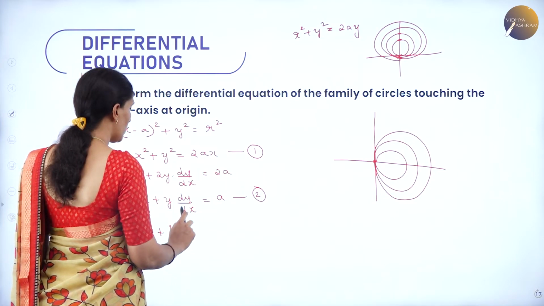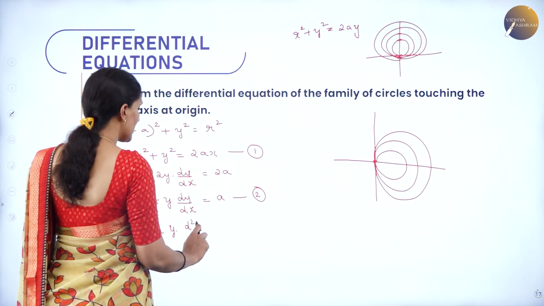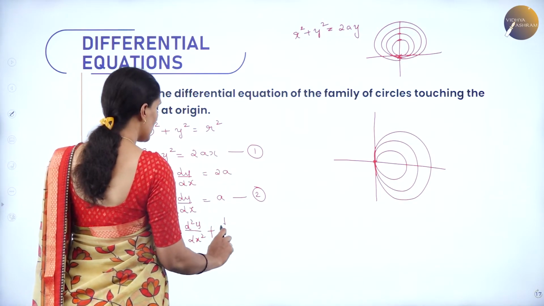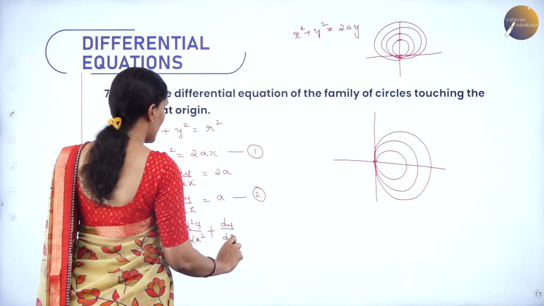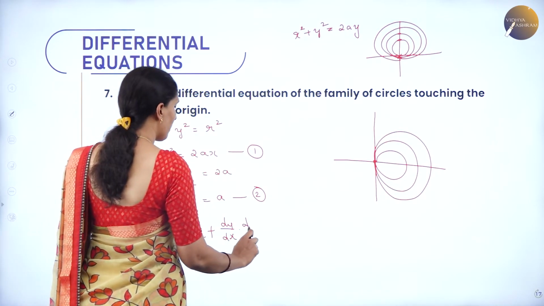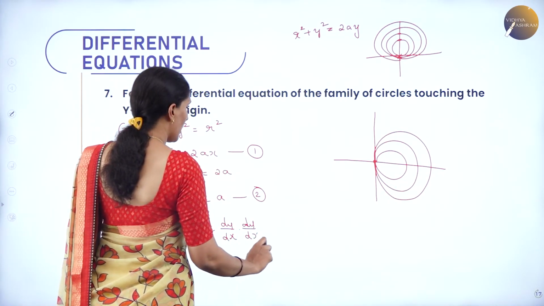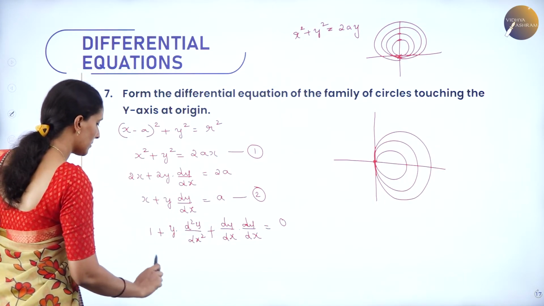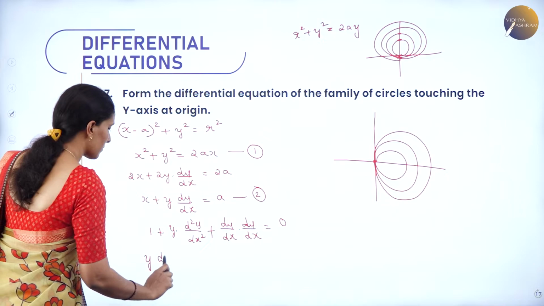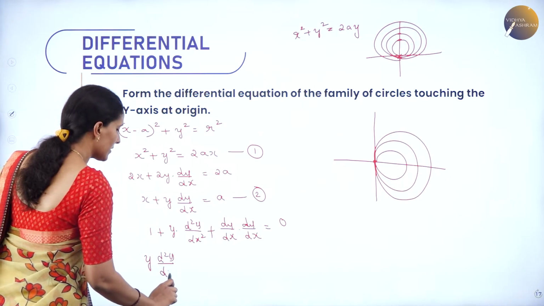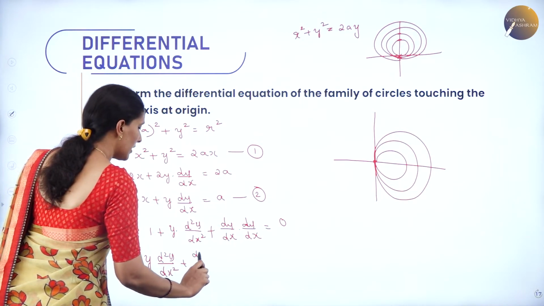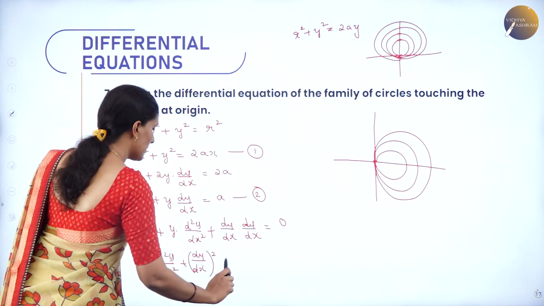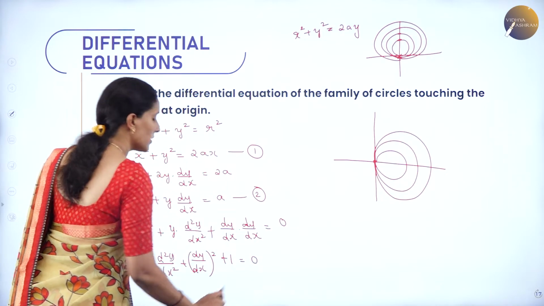First function into derivative of dy by dx is d square y by dx square, plus second function dy by dx and derivative of y is also dy by dx. And here the constant is 0. So clearly you can see this is y into d square y by dx square plus (dy by dx) whole square, because it is repeated 2 times, plus 1 is equal to 0.